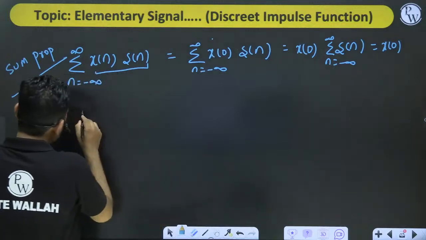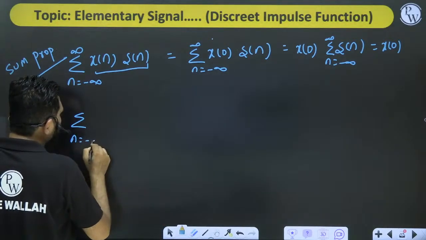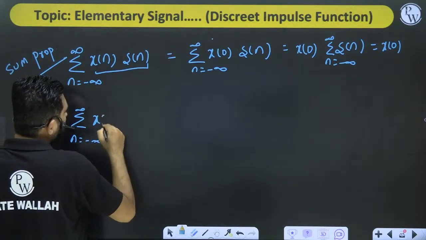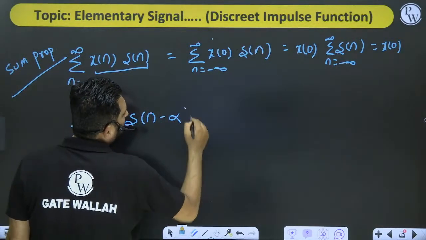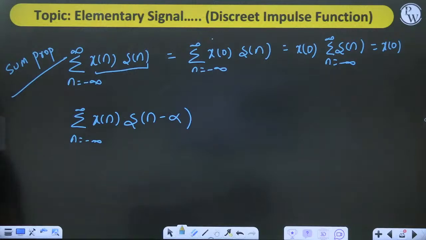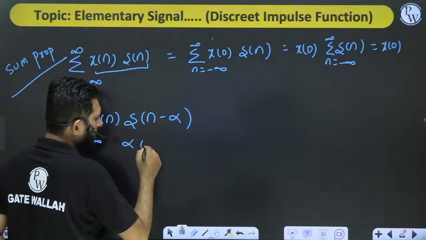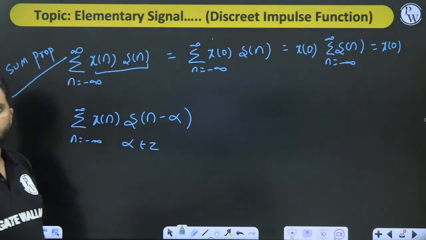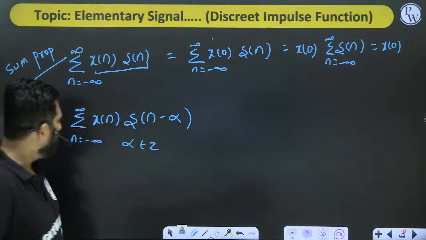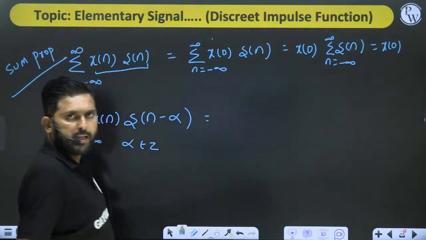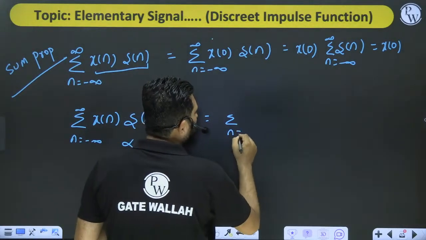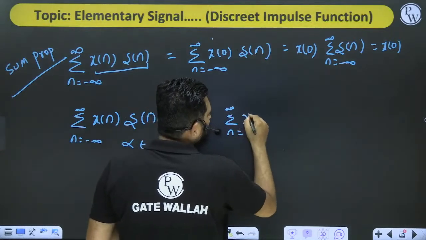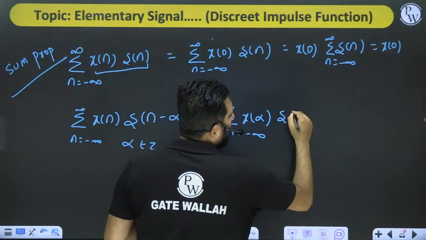Similarly, suppose I have summation n equal to minus infinity to infinity of xn and delta n minus alpha, alpha of course belongs to integer. Then this is equal to, since the impulse is at alpha, summation of x of alpha delta n minus alpha.